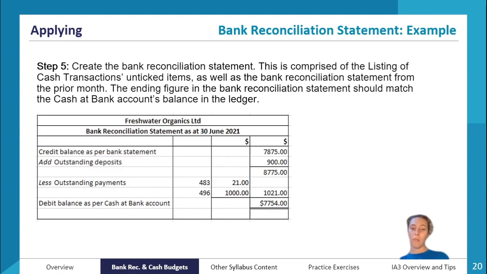So all of these figures are then coming in. We have that $700 we looked at earlier and the $21 from earlier as well. So these weren't included in the general journal entries and the general ledger, but they are included now. So this is outstanding deposits and outstanding payments that we include here.